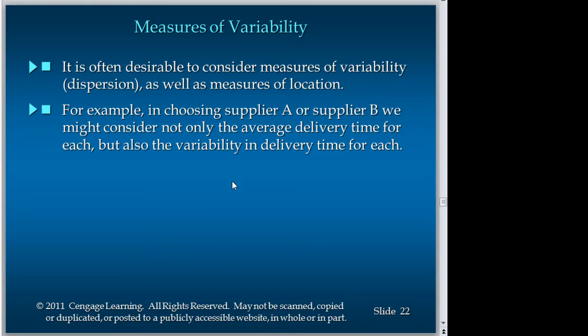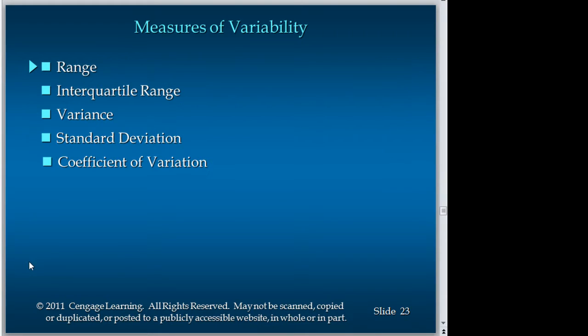Okay, now we are going to switch gears and talk about variability, right? Variability, dispersion, or should I say the spread of the data set. Now, some data sets are very spread out. Some data sets are highly concentrated, and that's what we are going to talk about.